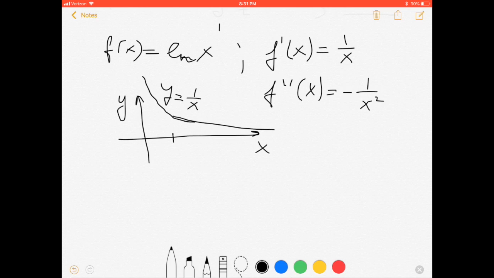This is the point 1. And if x is greater than 1, with some x here, then natural log x will be this area. How can I build it? Okay, I plot it: this is area 1.